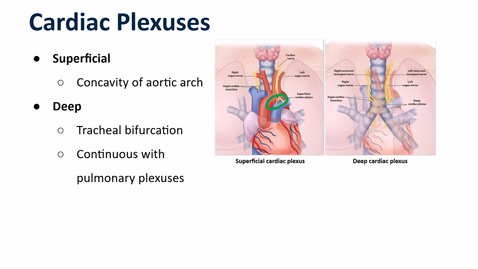And there is a deep cardiac plexus that is found just superficial to the tracheal bifurcation into the primary bronchi. This one is contiguous with the pulmonary plexuses, which are lateral to that on either side of the primary bronchi. So these together form the cardiac plexus that is then going to affect the rate of the SA node.